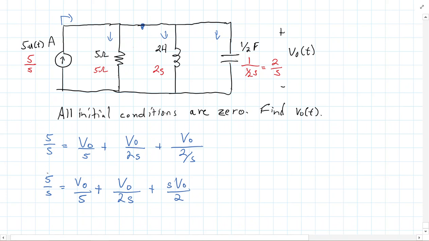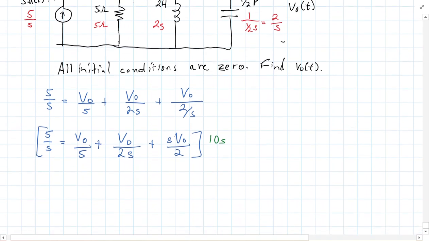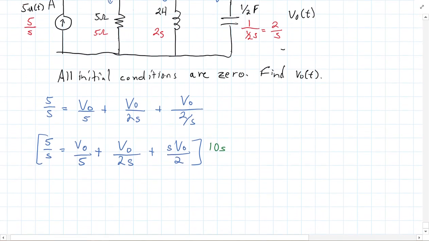And then from here, we can see that it would be advantageous just to multiply through by 10s. So if I multiply through by 10s, well, the s's would cancel. I have 5, so that'd give me 50 is equal to 2s, because the 5 would cancel there.